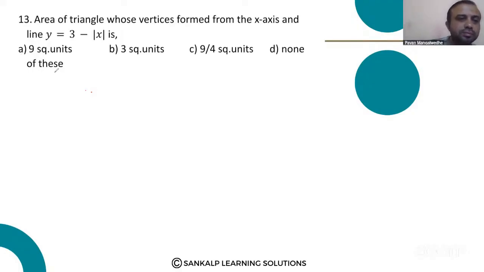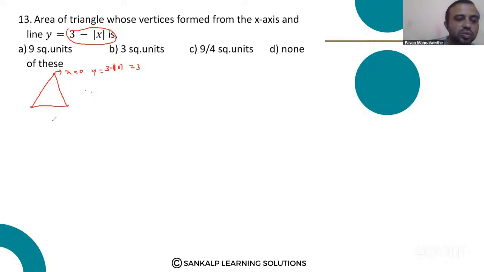To start with, this triangle has three vertices. Vertex 1, the peak of the V, is the y intersection. There x is equal to 0, and y is equal to 3 minus mod of 0, which is 3. This is the first vertex coordinate.